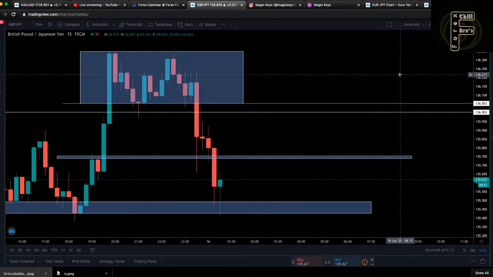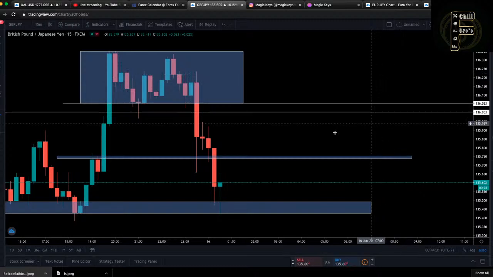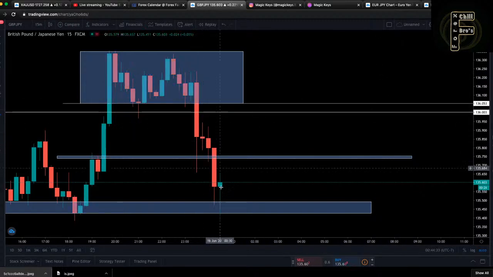Yep. I'm expecting the next candle to push up. But I don't like how this 15 minutes is closing. It wants to close like a doji, like I said. But it's bullish though.